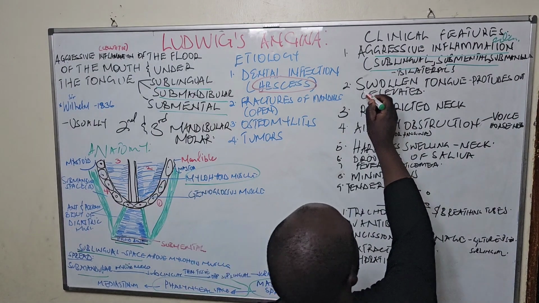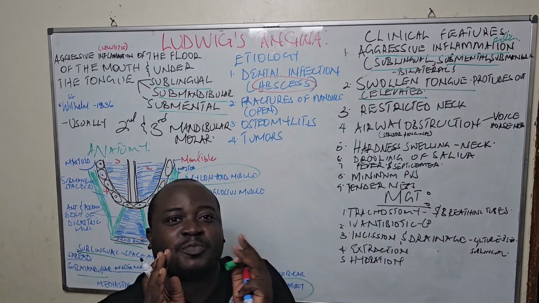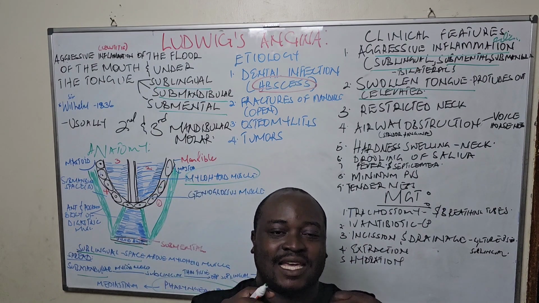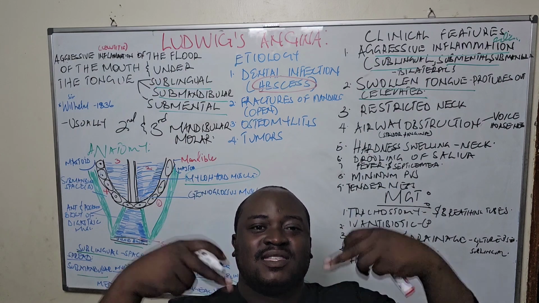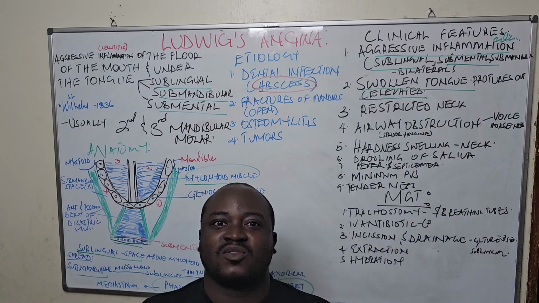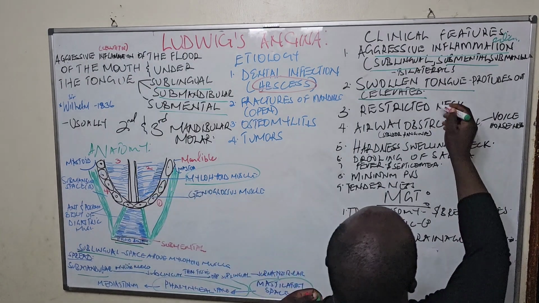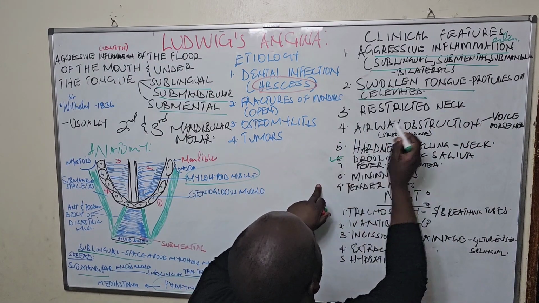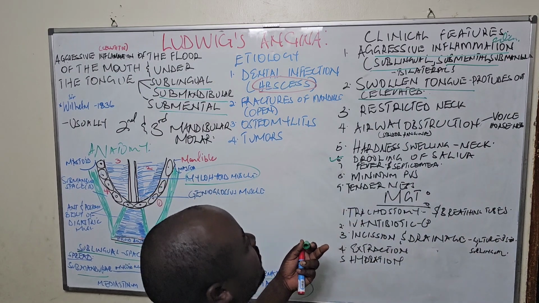So we have a swollen tongue which protrudes out. Of course, the moment it protrudes out, we shall say it is elevated. It also means we shall easily have drooling of saliva, which is a very common feature.